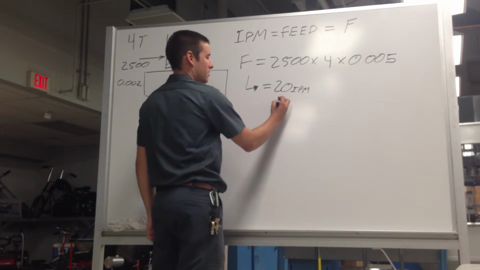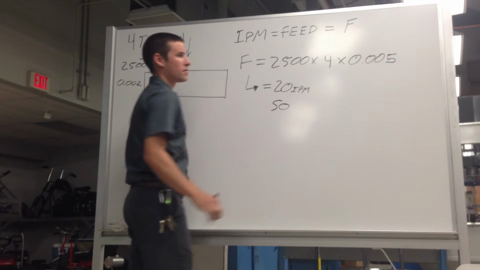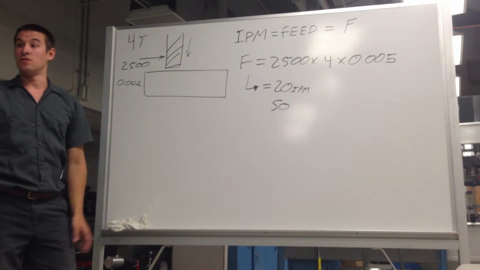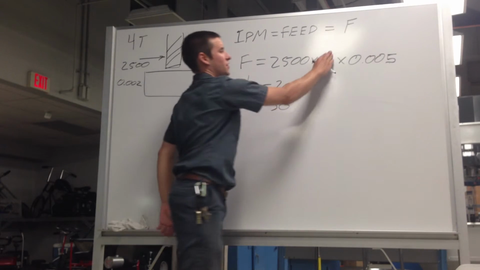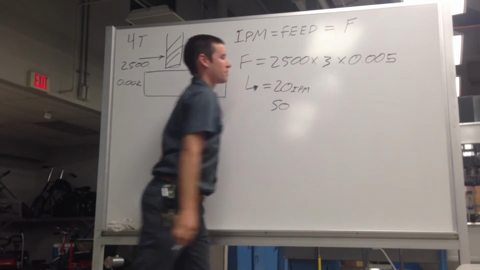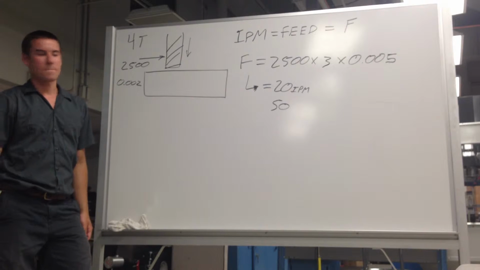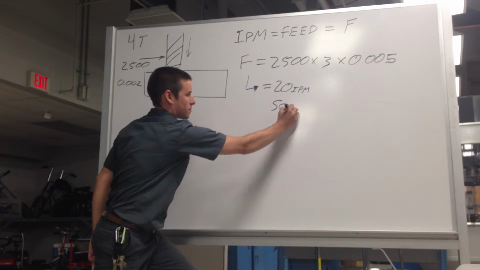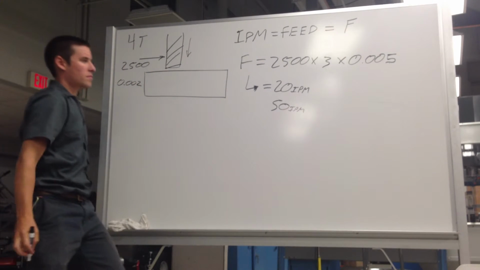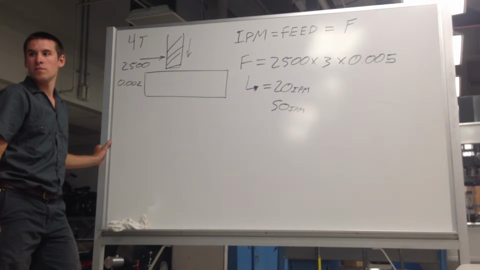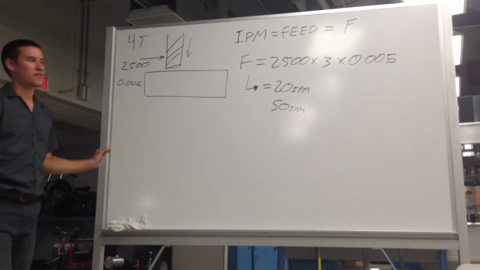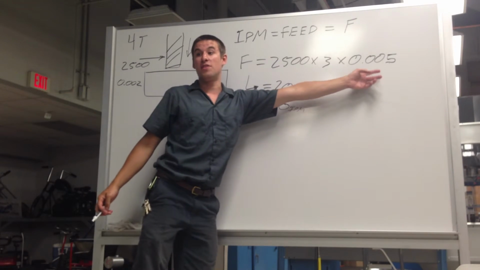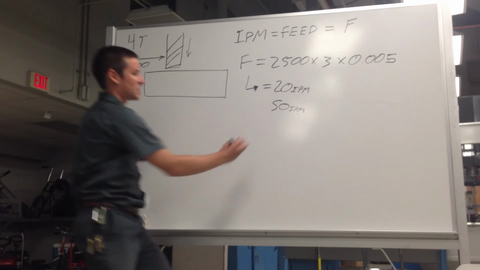If you went to a 3-tooth cutter, you'd have to drop the feed. So let's go to the 3-tooth cutter. That's 37 and a half with this chip load.